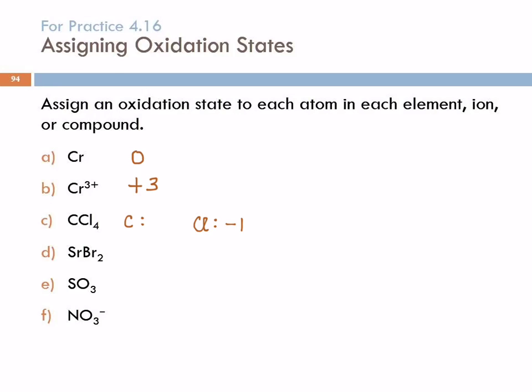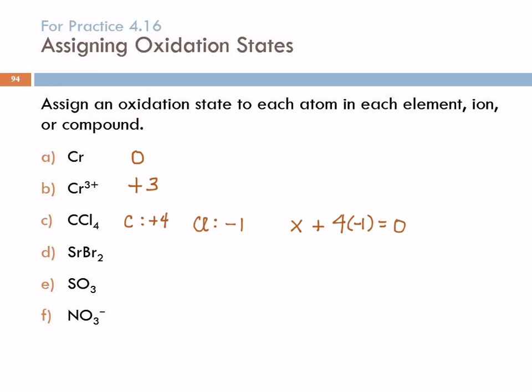So if we say, well, let's just say that it's X. The oxidation state for carbon plus, there's 4 chlorines, and they're each -1. That has to add up to 0. That's what we're doing in our heads. And feel free to write it down on paper if that helps you. So the oxidation state for carbon must be +4.